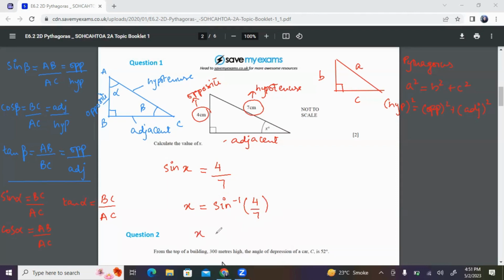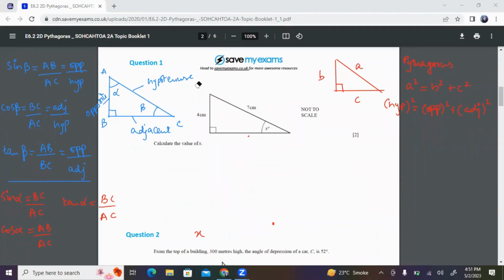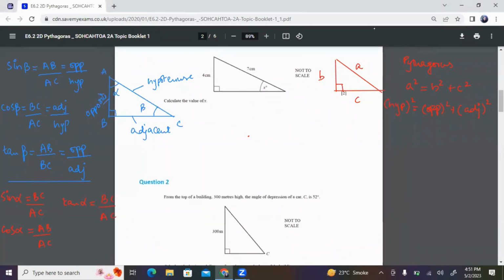And then we just type this in the calculator, which gives us 34.85, corrected to two decimal places. Then if we go to the next question, I'm going to keep the notes on the screen for better understanding.